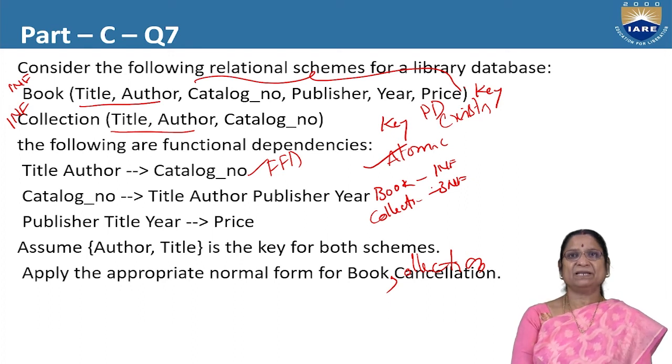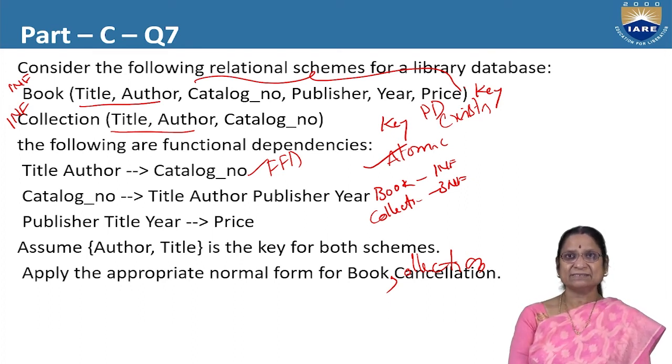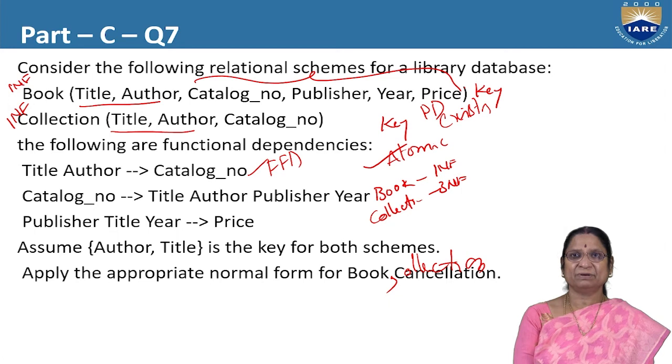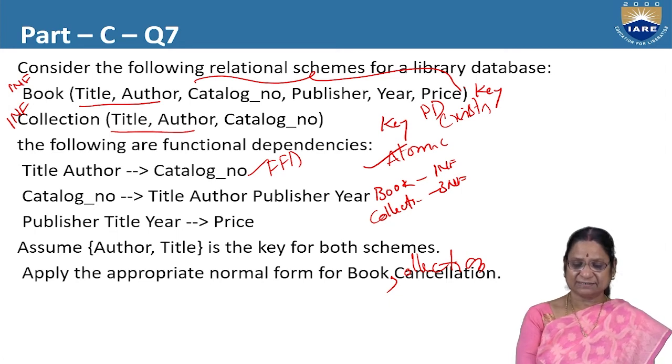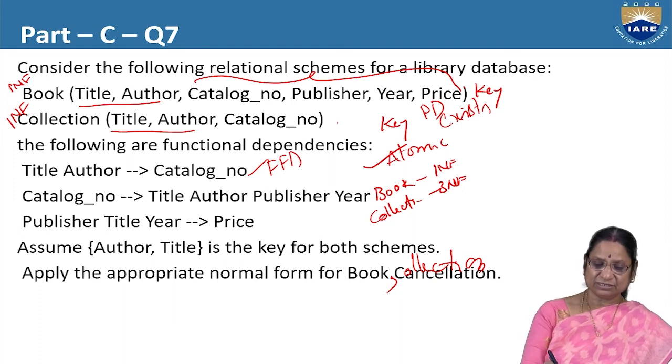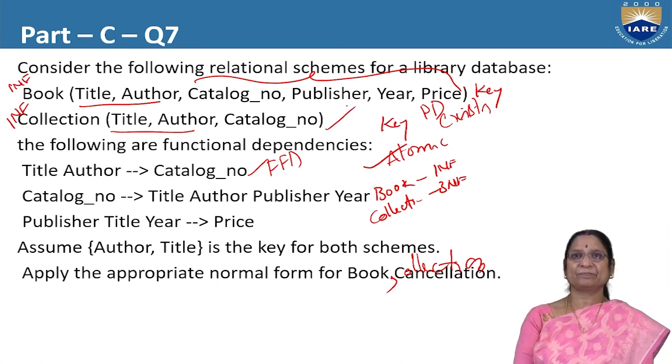Because partial dependencies don't exist, since fully functional dependencies exist. And the third one is transitive dependency; no transitive dependencies are there. So that's why collection is in 3NF, but book is only in 1NF. Even second NF is not possible because partial dependencies exist.